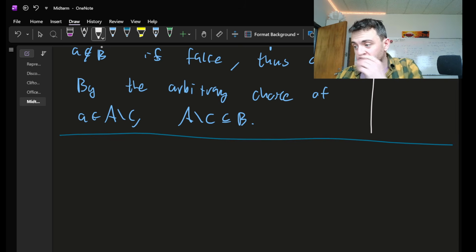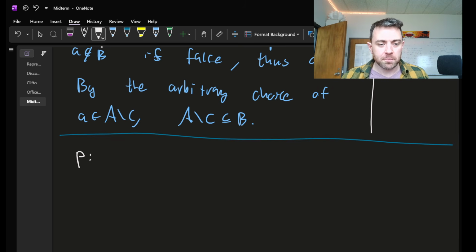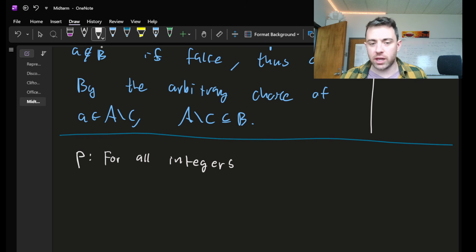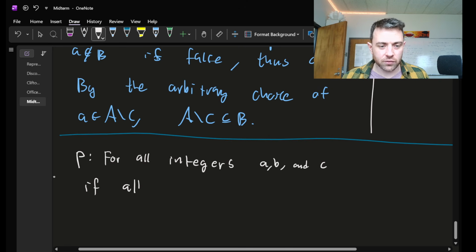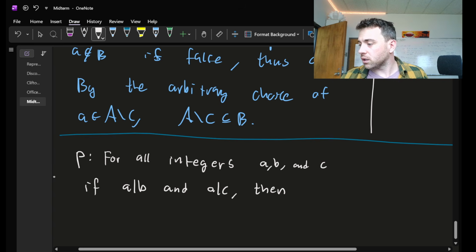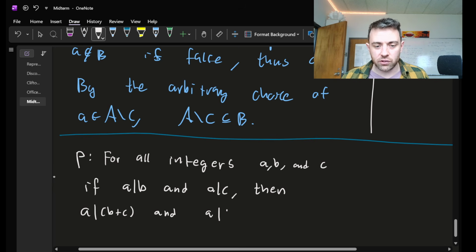So we have the statement. P is the statement: for all integers A, B, and C, if A divides B and A divides C, then A divides B plus C and A divides B minus C. So that is the claim.